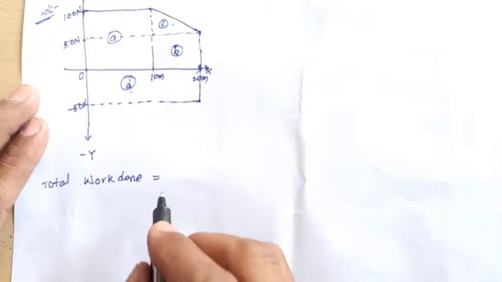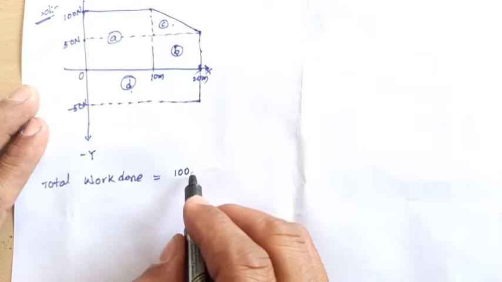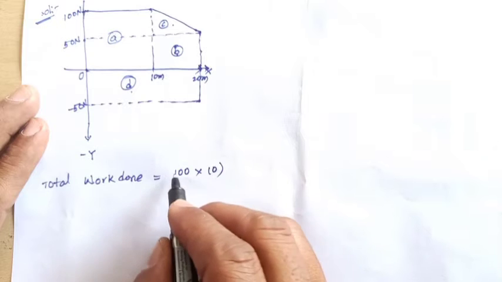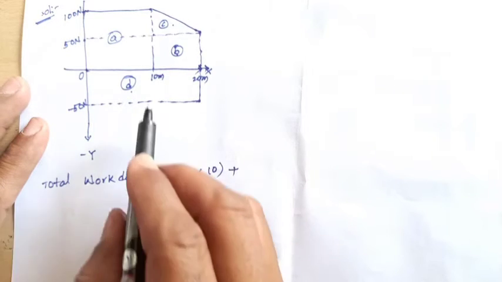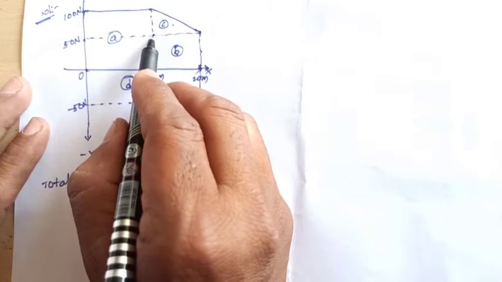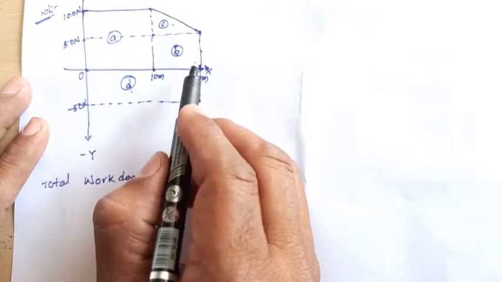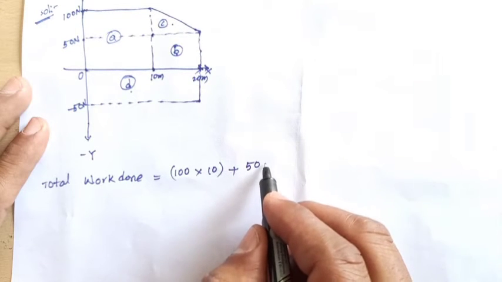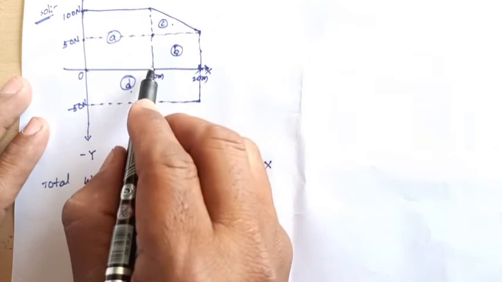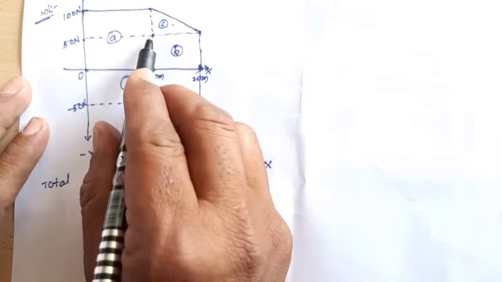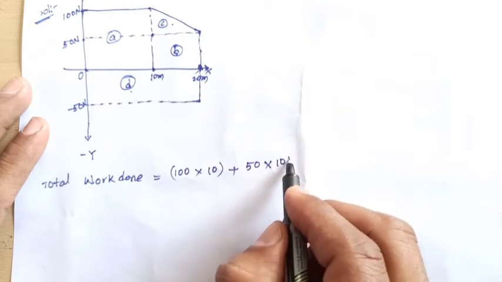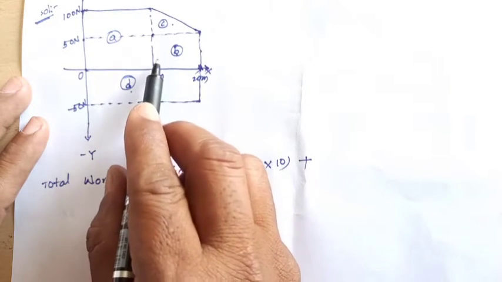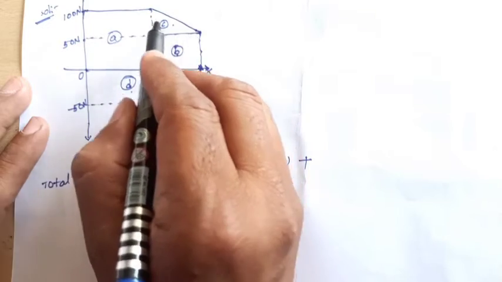First this part: the force is 100 newtons, a rectangle, so 100 into the displacement, 10, plus the force from 10 to 20, which is 50 newtons, into the displacement, 50 into 10, plus the triangular shape.